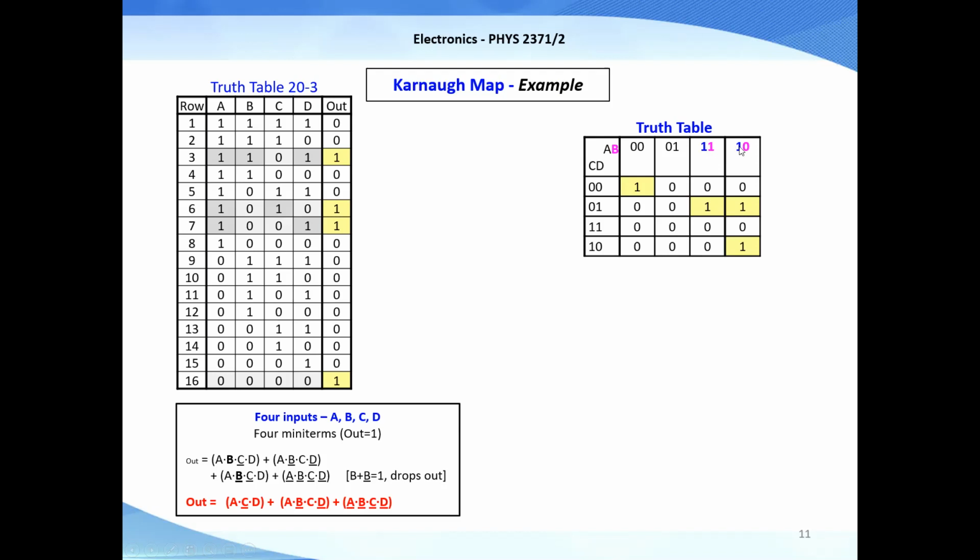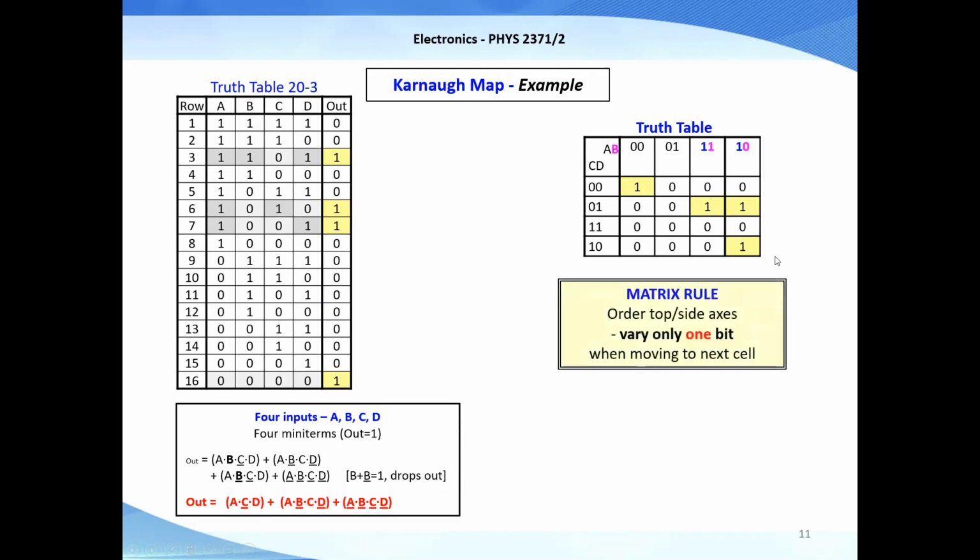That means B is going to drop out of the equation. And that's exactly what happened here. You have A, no B for these 2, and C bar D. A, C bar D with no B in it. That's because you have adjacent terms.